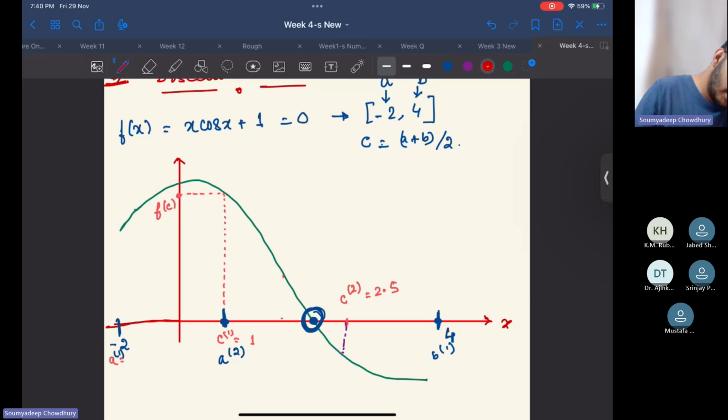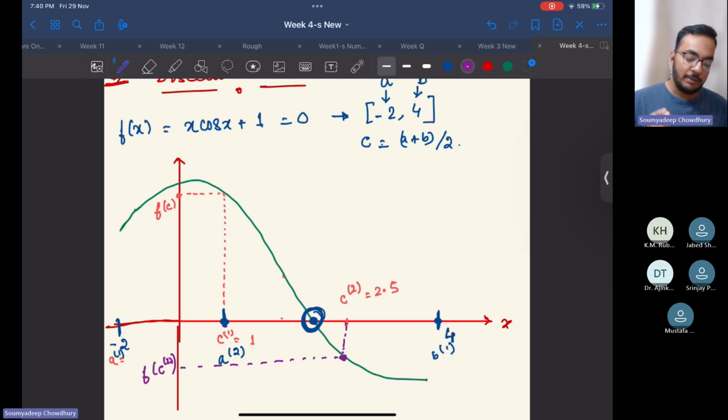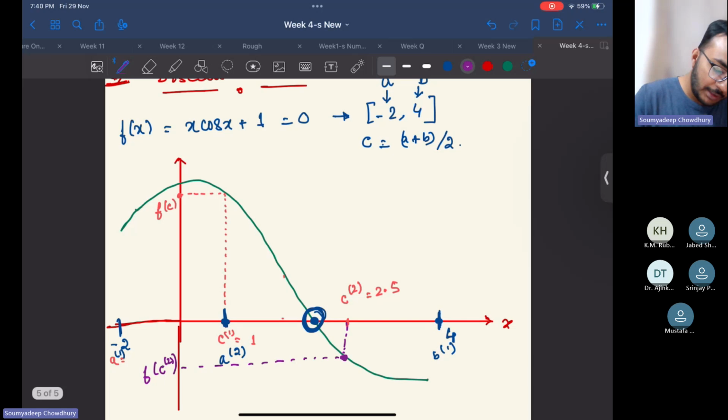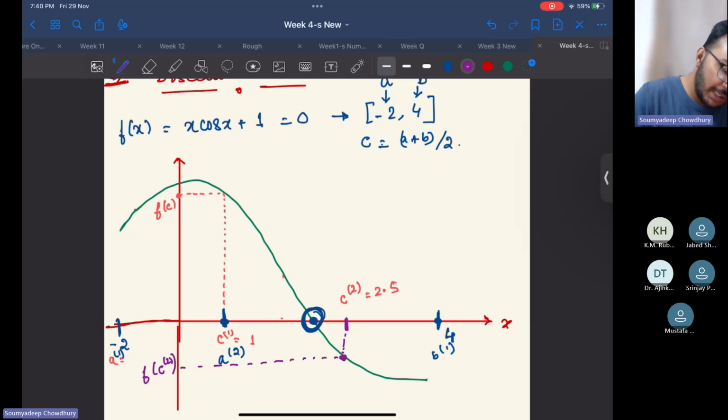This functional value here is negative for this C. So this is my f of C2. Since it is negative, we'll shrink our limit again, but this time we'll shrink the upper limit. That is, B will change. Now A will be the same, 1. However, your B at the third step will be this C2, that is 2.5.